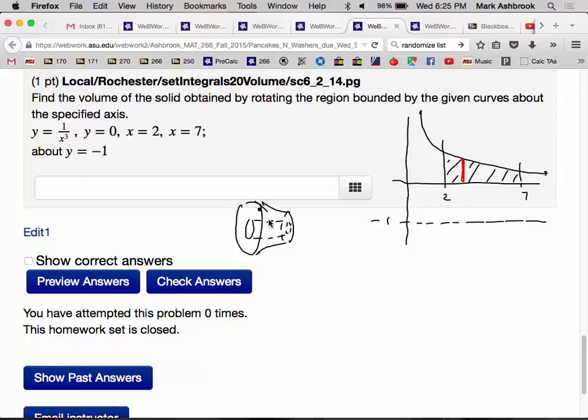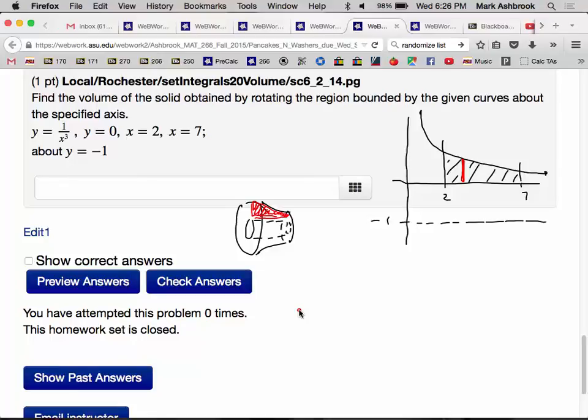So this is the original region. And when you flip that around y equals -1, you're going to get this, like a roll with a hole in it, or like a nut. So it's like a nut with no threads in the middle.